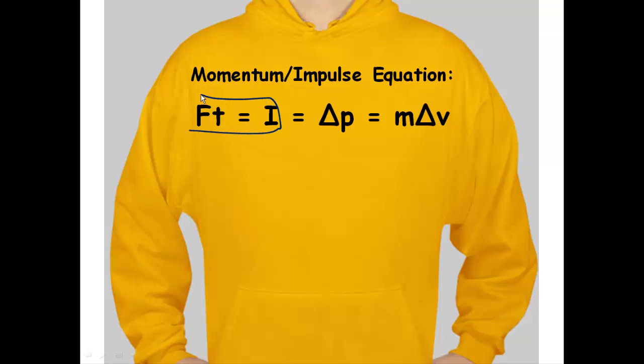We know impulse is force times time. We know if we want to change the momentum, we're going to end up changing the velocity of an object. And we know if we exert that force per time, we're going to change momentum as well. So everything's equal to everything else. Makes it that much easier. Keep this in mind. This is the number one formula you're going to be using.